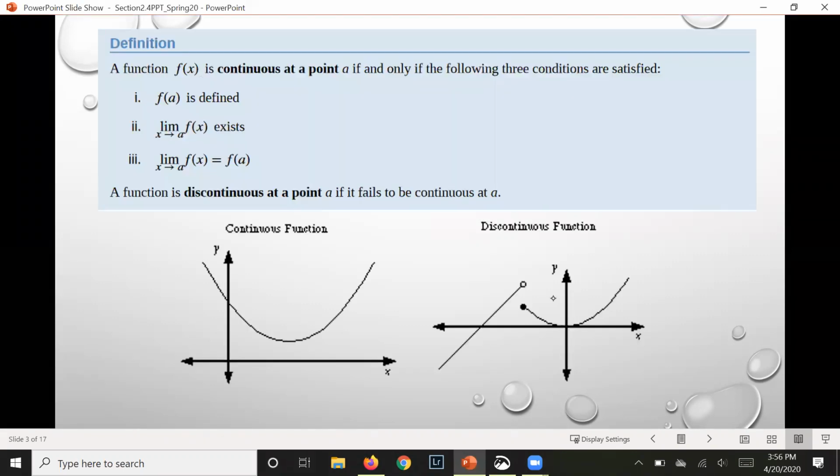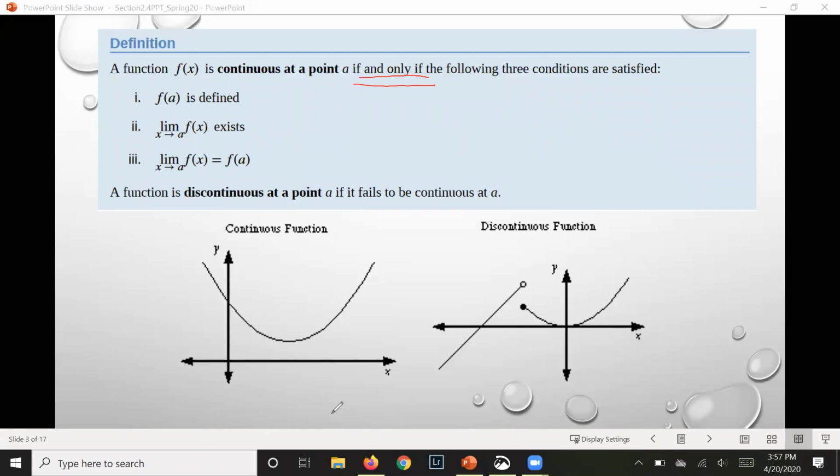Well, we have a strict definition if we're talking about something being continuous in terms of a function. We say that a function f of x is continuous at a point a if and only if, remember that, we've seen that before, the following three conditions are satisfied. There are three that have to be true.